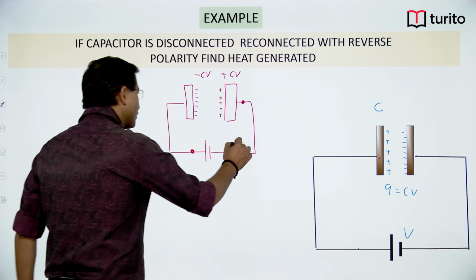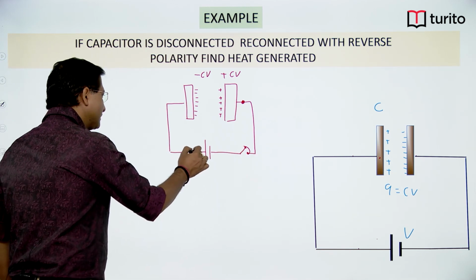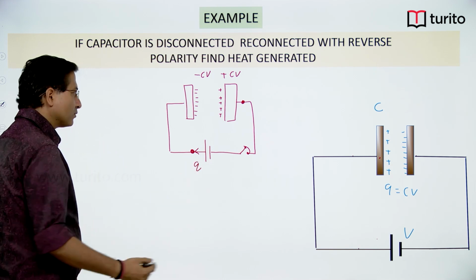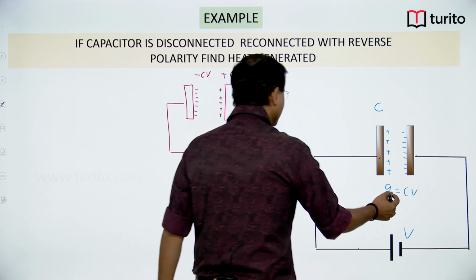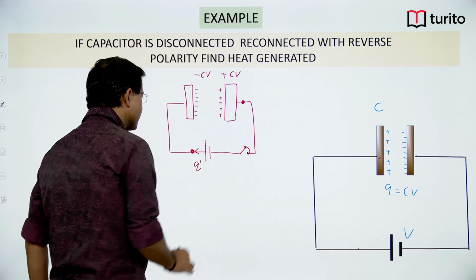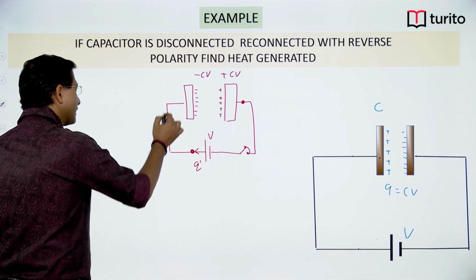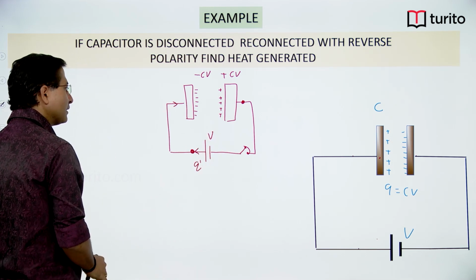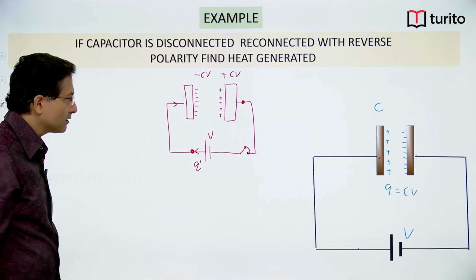So, when I close this, immediately some charge will be delivered by the cell, I do not know how much, right. So, let us call it Q dash. So, this charge will appear here, assume this charge is greater than minus CV, this is just an assumption, right.